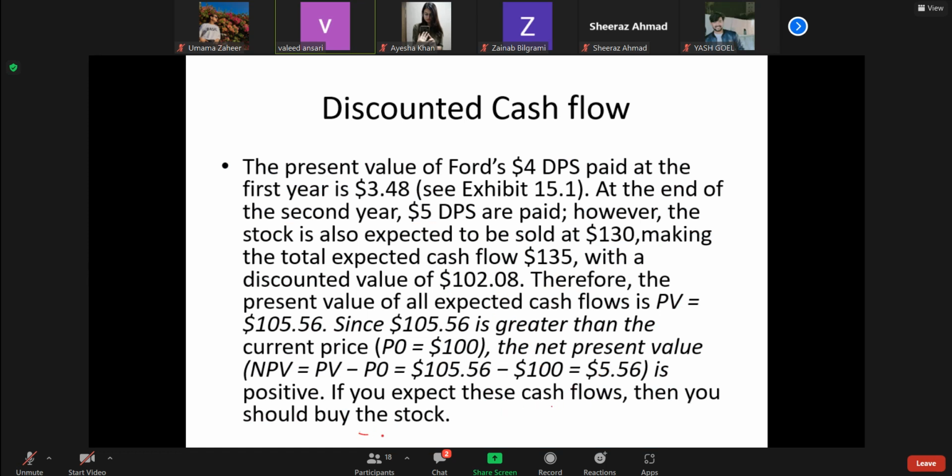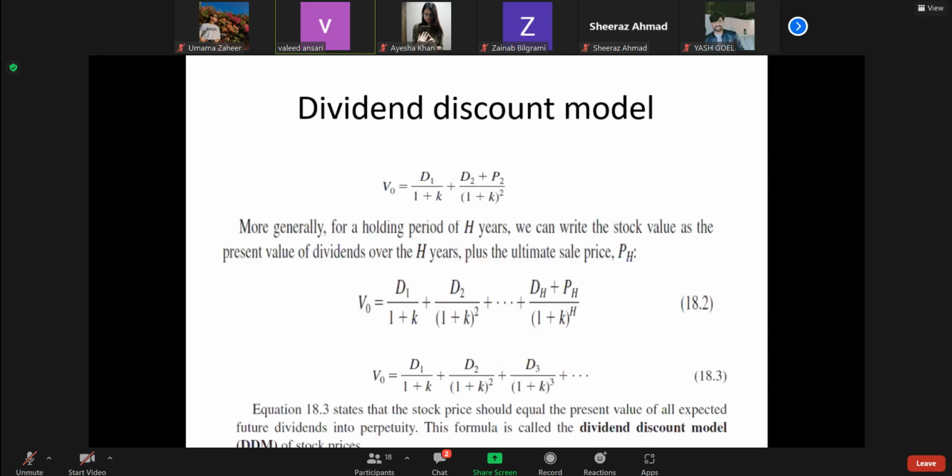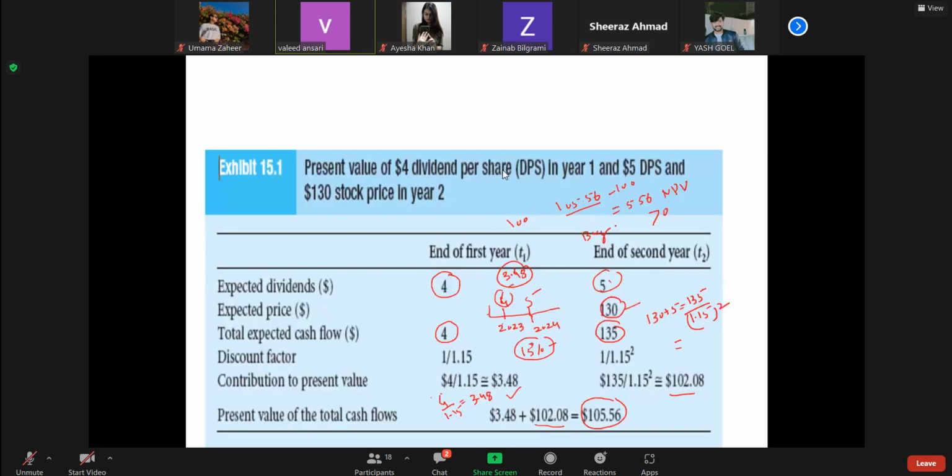So if this is positive, therefore we should buy the stock if it is being sold in the market. Now this was the equation which I have used here: dividend 4 rupees, divided by 1 plus 0.15 in the first year, and then 5 plus the price that prevailed was 135. Let me just check it.